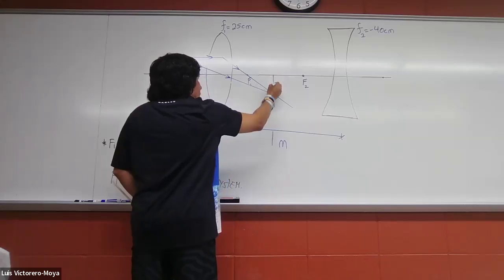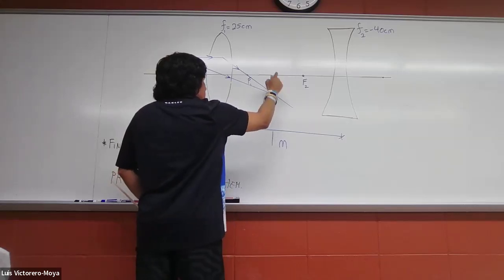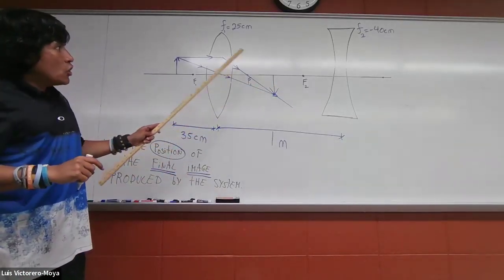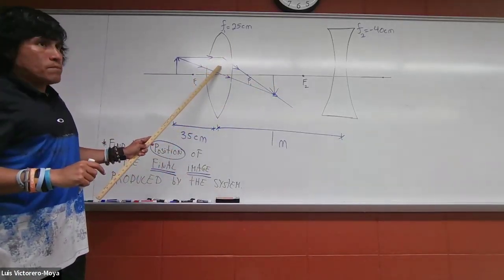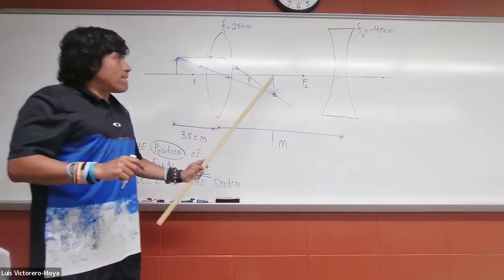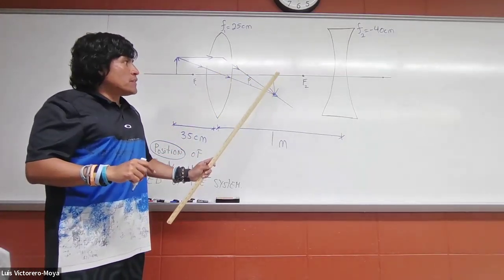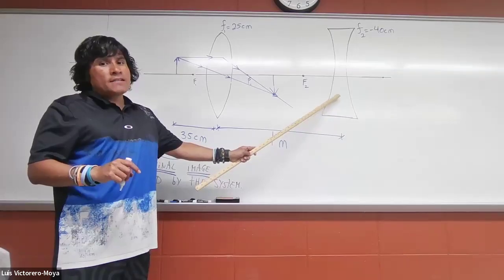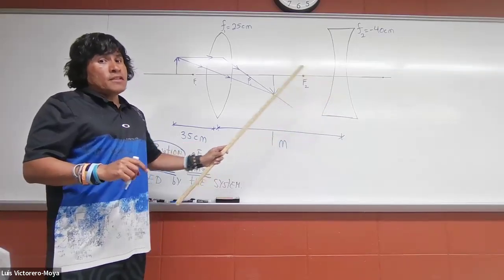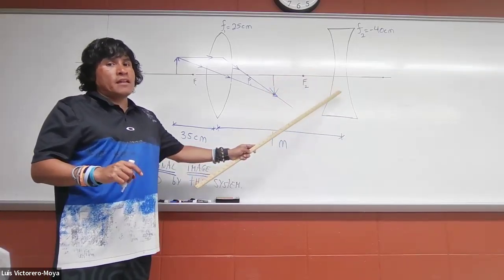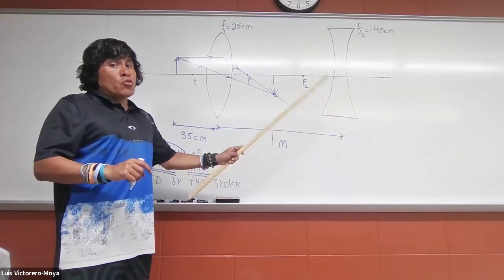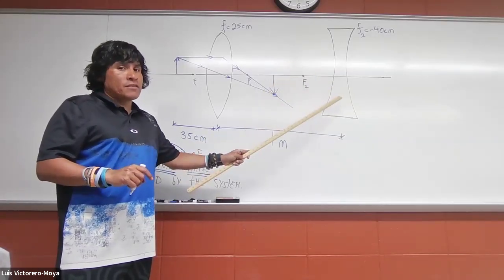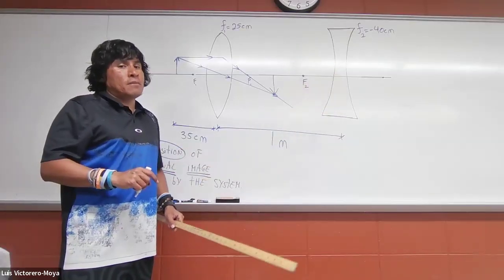So, what is this? That is the image due to the first lens. But that's not the final image, because this image is then used by this lens as the object. So this image is the object for this lens. Thus, when you do this image with this lens, this object on that lens, then you find your final image.